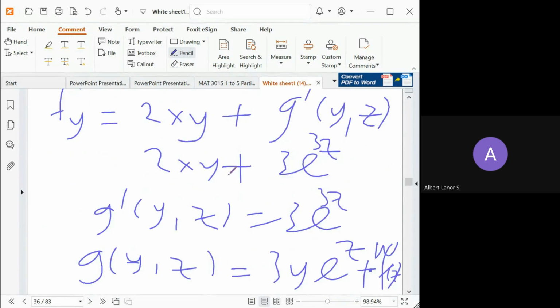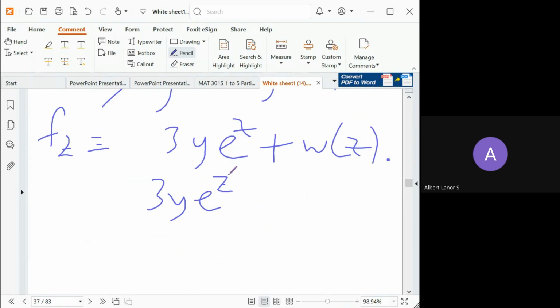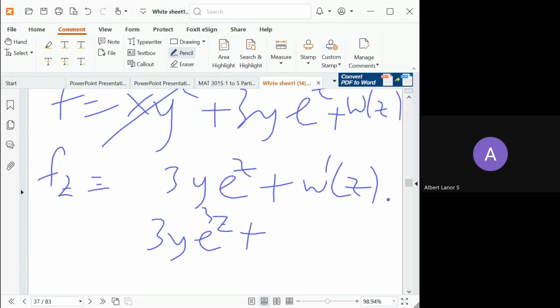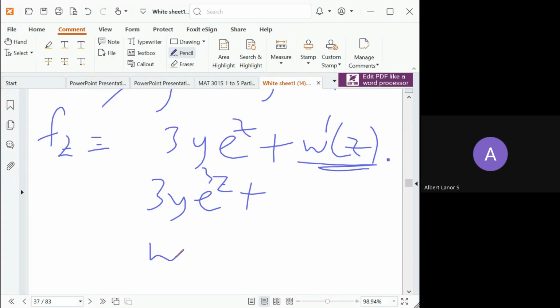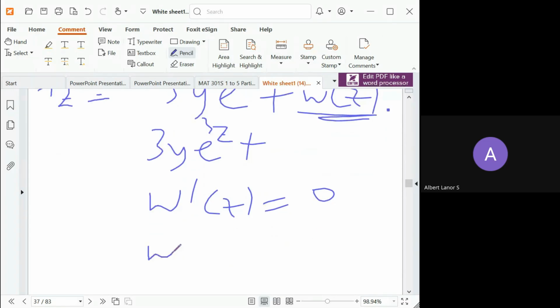So 3y e^(3z) plus, this should be the derivative of that function. Now you see from here that your w prime is 0. w prime of z is 0. It means that when you integrate it, your w of z will be a constant.